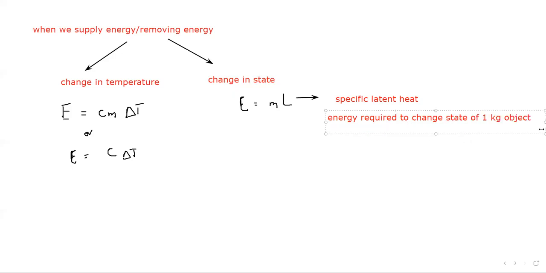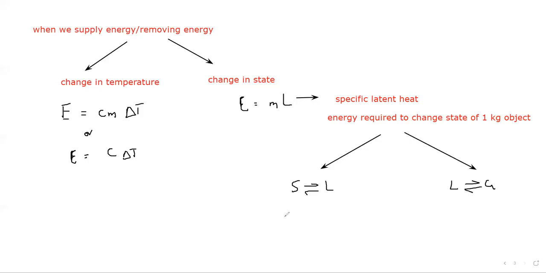We can change the state, like we can convert solid into liquid, or the opposite, liquid can change back to solid. A liquid can change to gas, or a gas can change back to liquid.